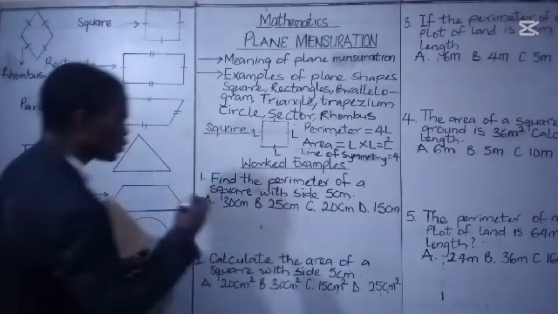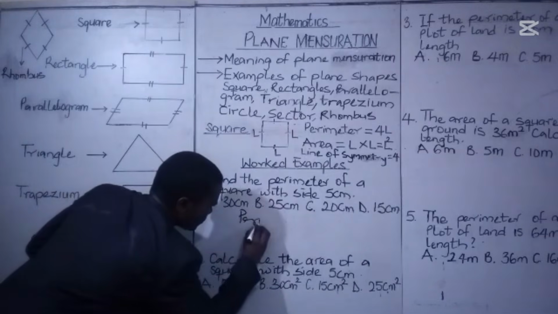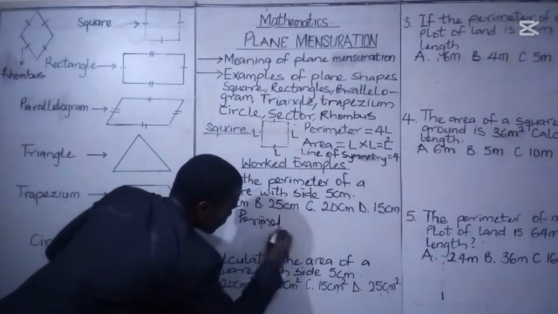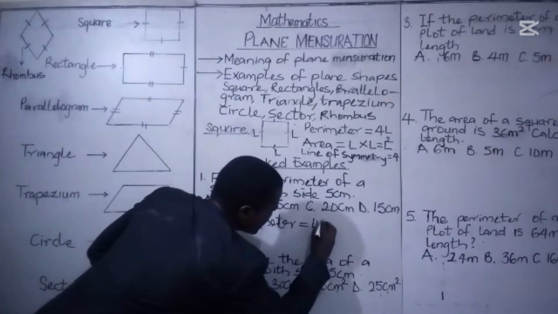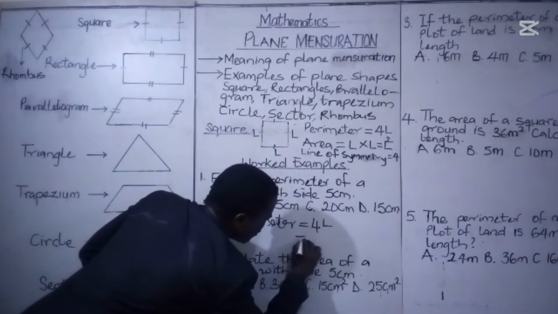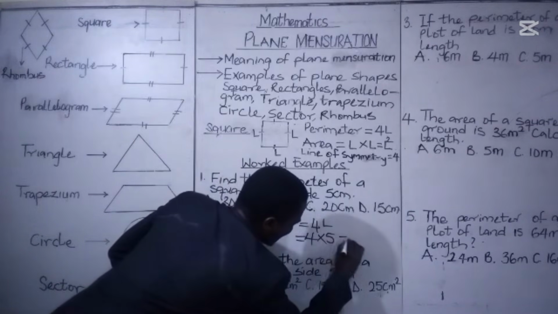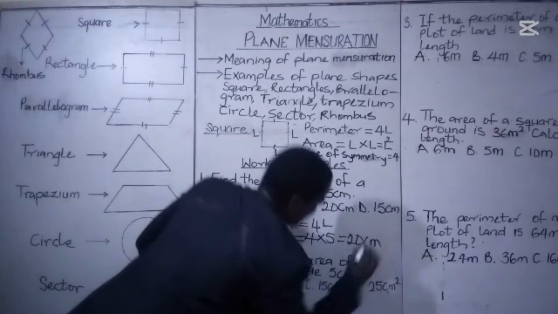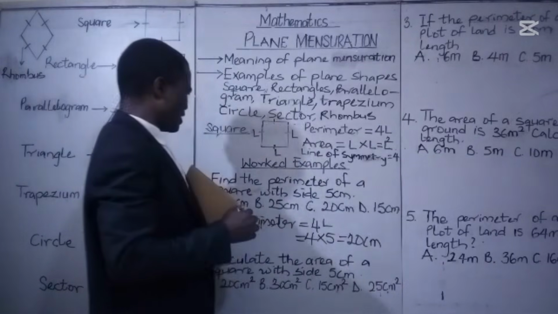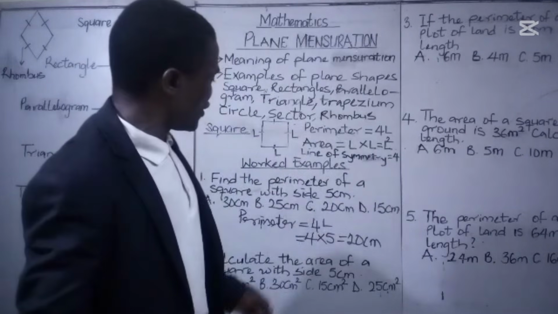So perimeter is equal to 4L, which is 4 multiplied by 5, and that gives us 20 centimeters. So the correct option here is option C.